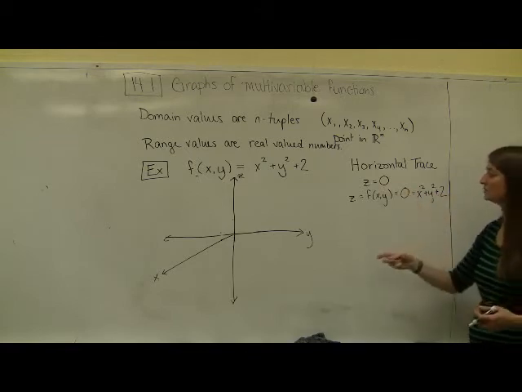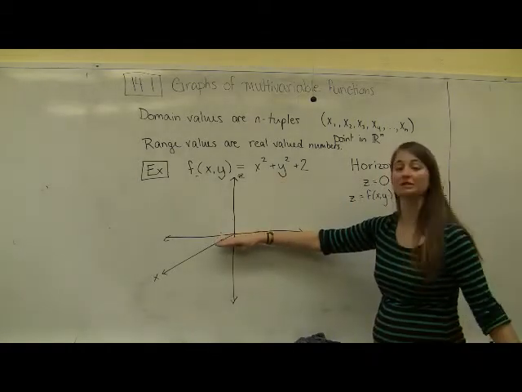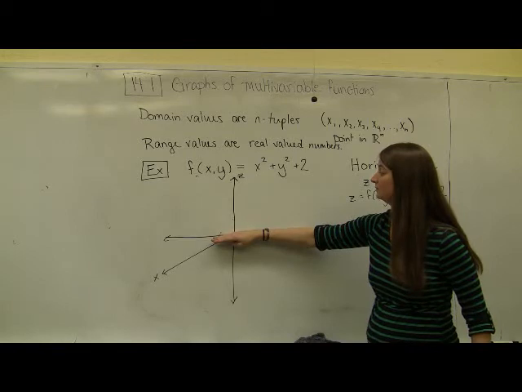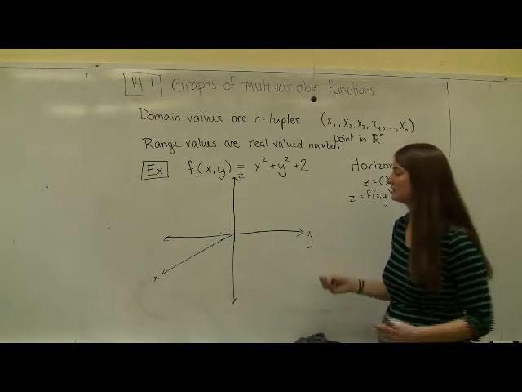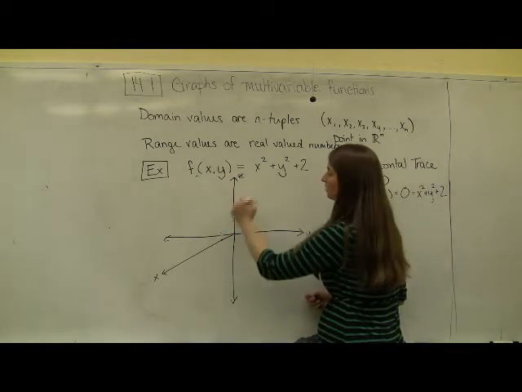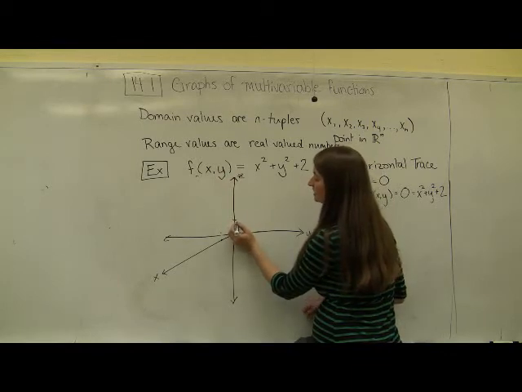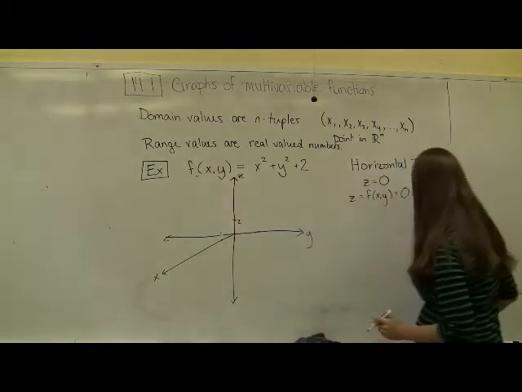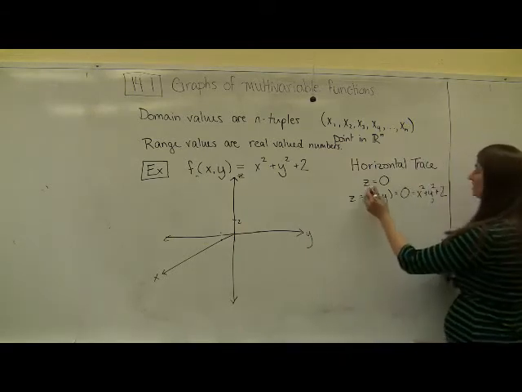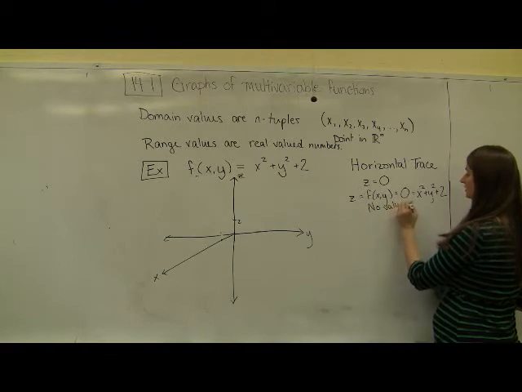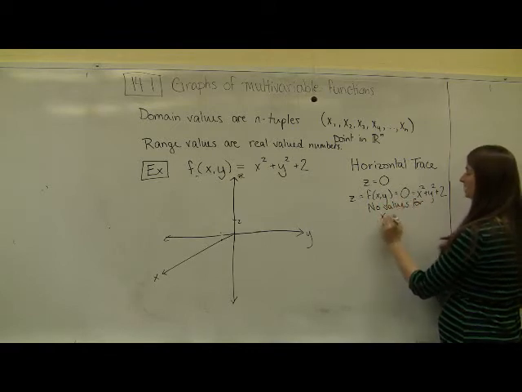It means that for z equals 0, there are no xy points down at a height of z equals 0. And in some ways that sort of makes sense. When we were drawing our parabolas before, notice that the lowest parabola dipped down to the point where z was equal to 2. Let's take a look at that spot. So when z equals 0, no values for x and y.